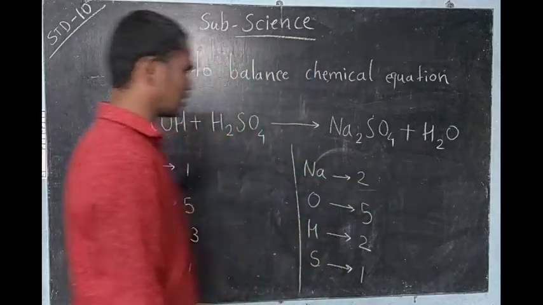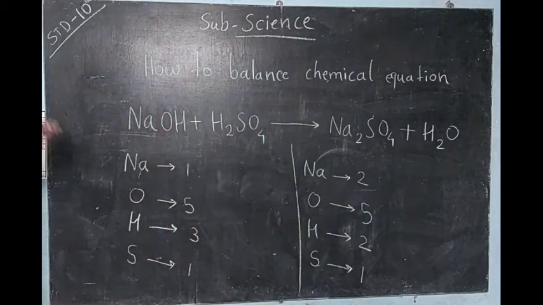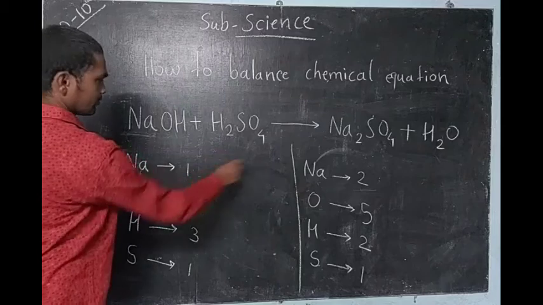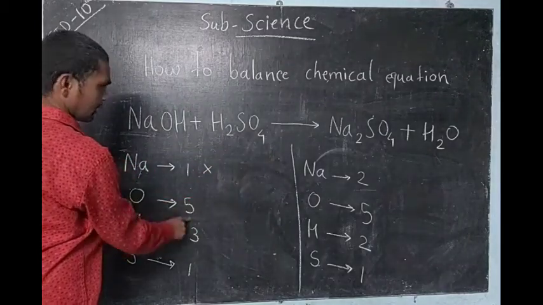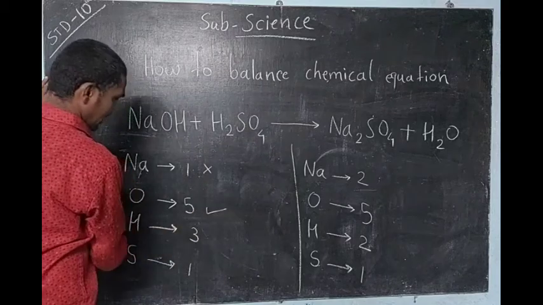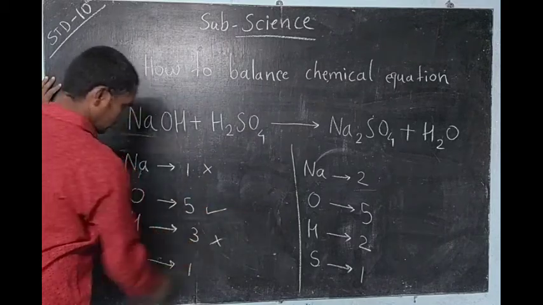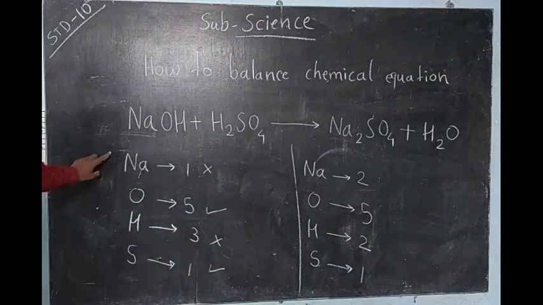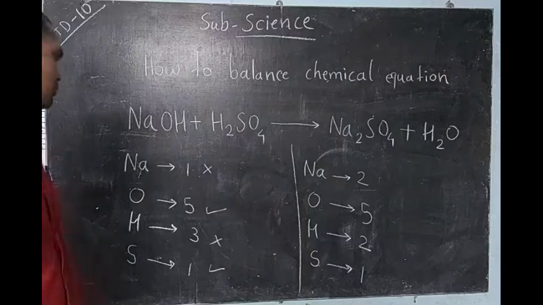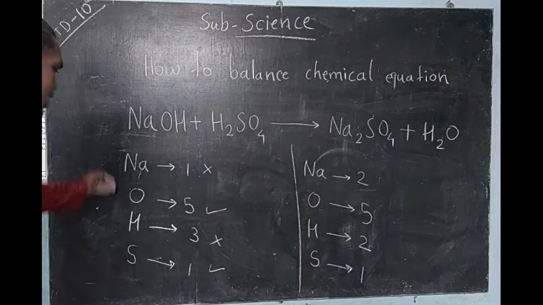If you observe, oxygen 5 is balanced, hydrogen 3 and 2, sulfur 1, but sodium is not balanced. Means in this reaction, sodium and hydrogen are unbalanced, so we have to balance sodium and hydrogen.